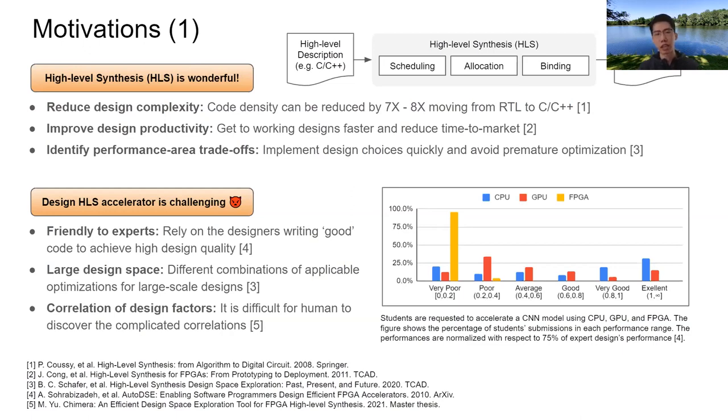And finally, some recent studies have also shown that there are complicated correlations between different design factors or optimizations. It is difficult for humans to discover those complicated correlations and make the right design choice. All of these are challenges of designing HLS accelerators, and ScaleHLS is trying to tackle these challenges in a step.